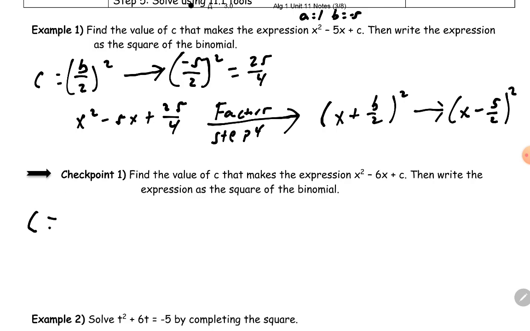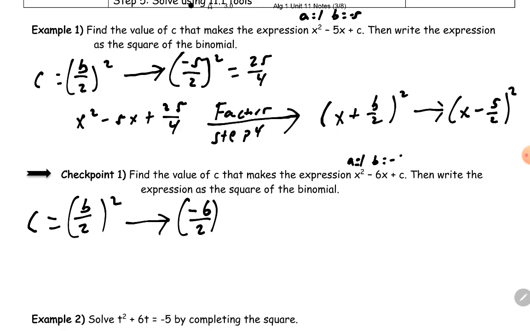So once again, step 2, c equals b divided by 2 squared. This is negative 6 over 2 because my b value is negative 6. My a value is still 1. So this is negative 6 divided by 2, which is negative 3, and then that's going to be squared, which is positive 9.